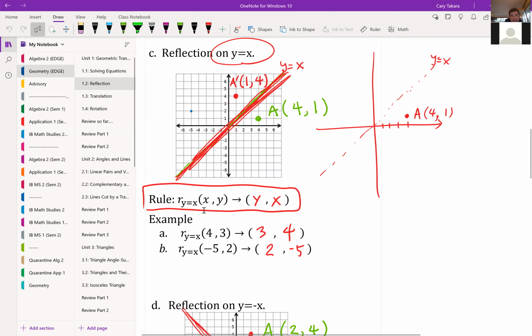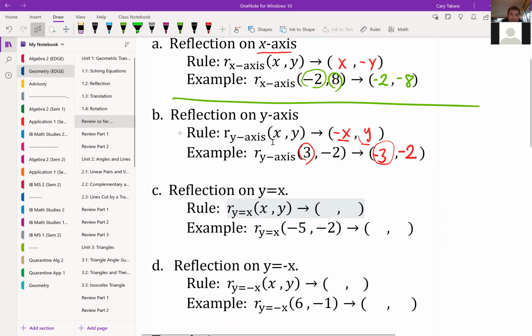You see that right here. So it will be y and x. You just switch around. That's it. You don't need to flip the sign. Just simply switch x and y. X and y becomes y and x.